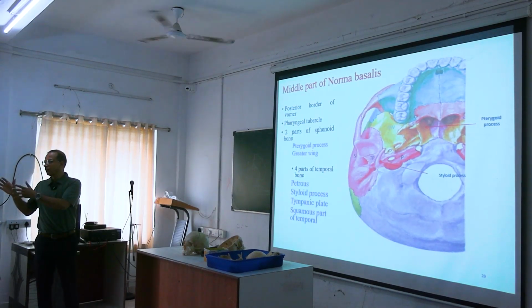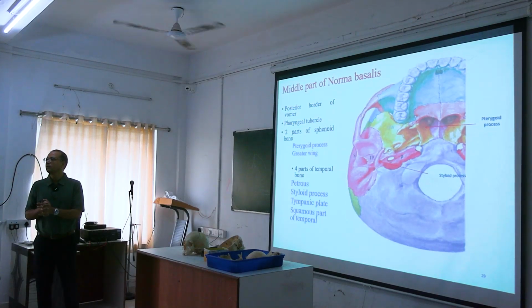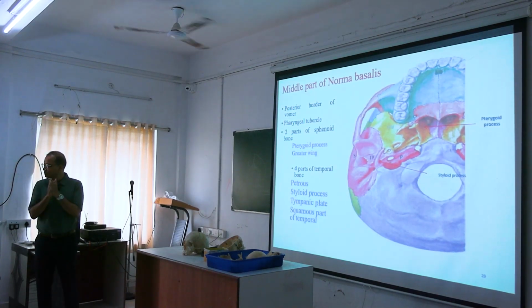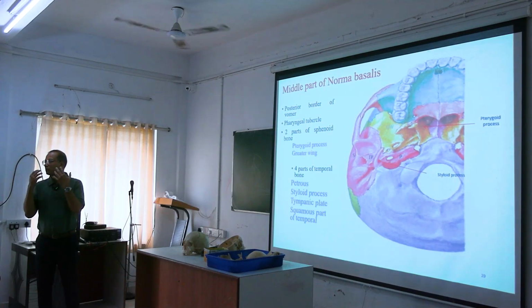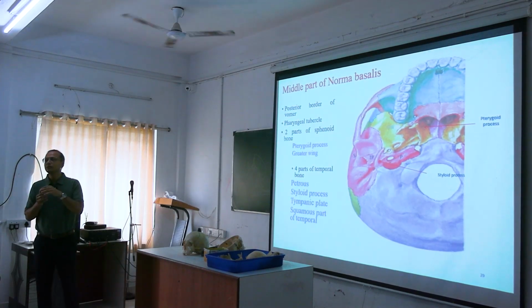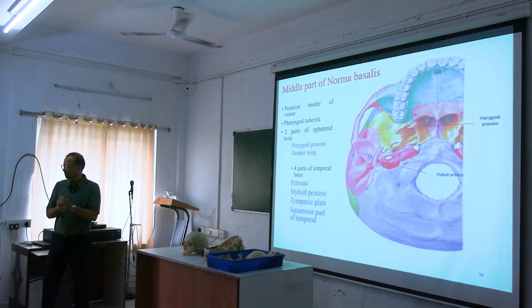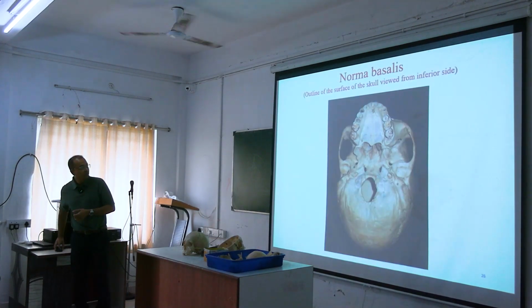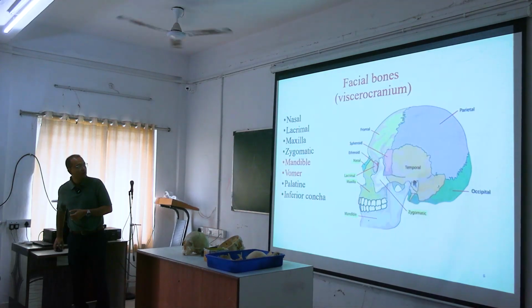We call them viscerocranial and neurocranial bones. The bones related to the face, like the lacrimal bone, nasal bone, and maxilla, we call face bones, and the bones related to the brain we call cranial bones, clear. These are the basic classifications that you have to keep in mind.